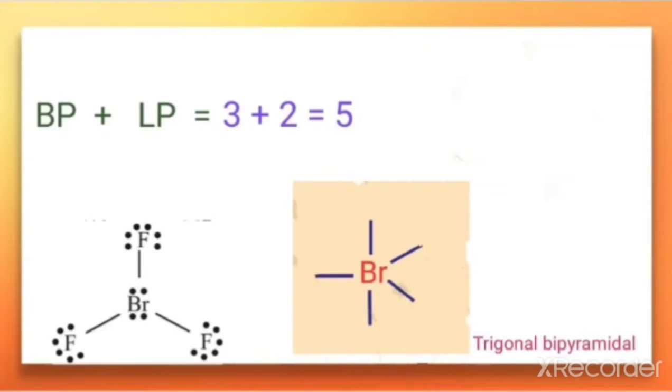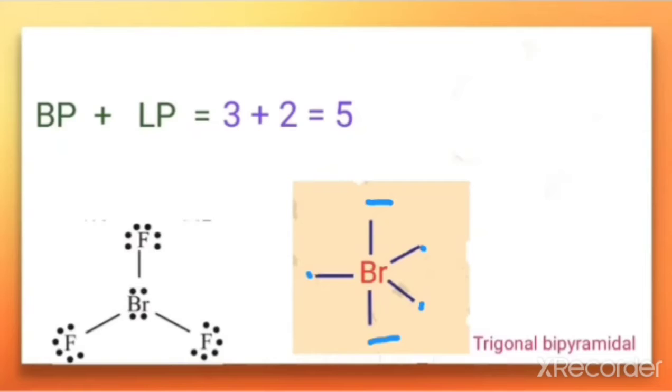So where do we keep the lone pairs and where do we keep the fluorine? These 3 positions are called the equatorial positions, and these two positions are called the axial positions. The equatorial position has a 120-degree angle, and the axial position has a 90-degree angle with the plane.